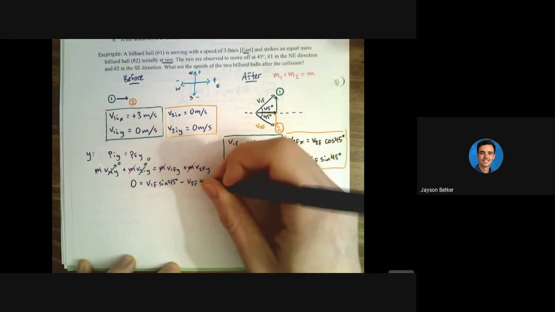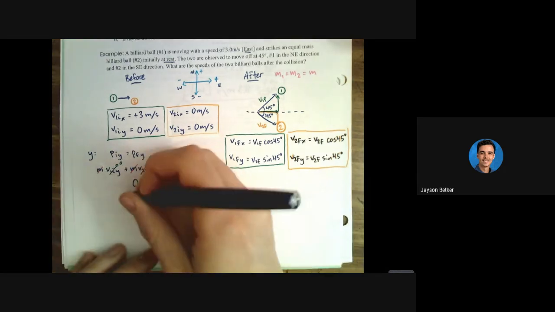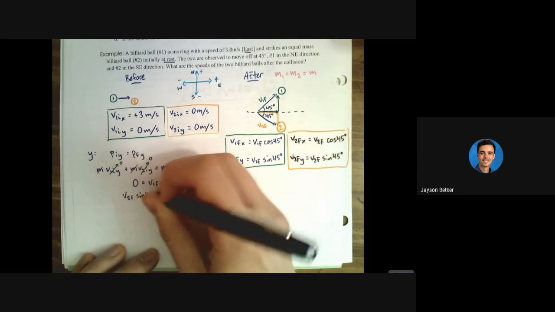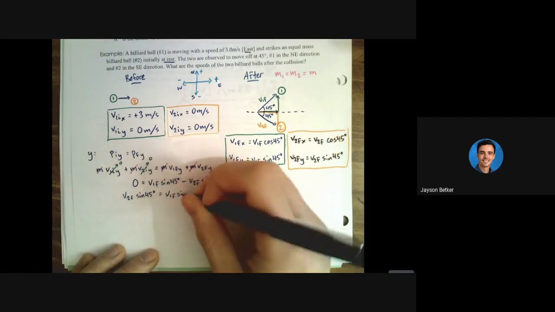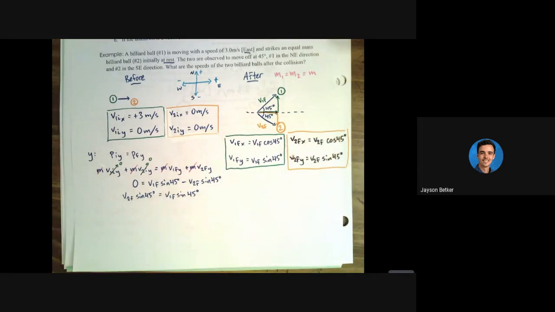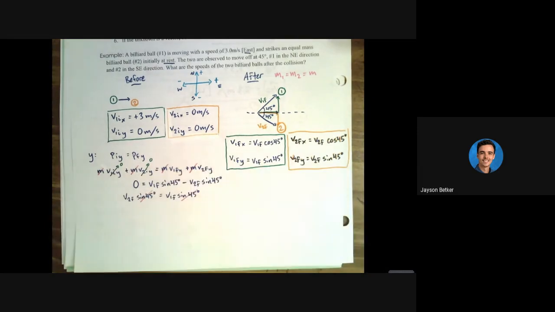So this is starting to look nicer, because what we can do is move V2F sine 45 to the other side. So V2F sine of 45 degrees is equal to V1F sine of 45 degrees. What can I cancel out there? I have a sine 45 in both of them, so the sine 45s actually cancel.